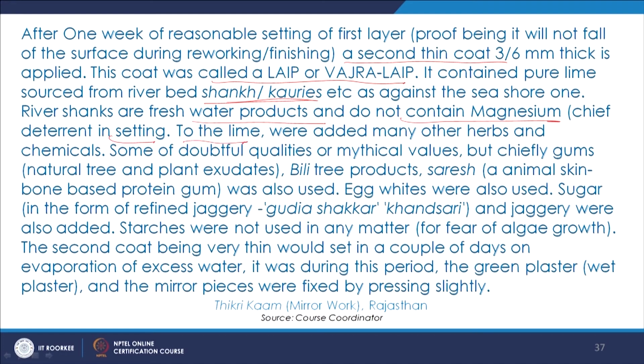To the lime were added many other herbs and chemicals, some of doubtful qualities or mythical values, but chiefly gums, which were natural tree and plant exudates, the billy tree products, saresh, which is animal skin bone based protein gum, they were also used.